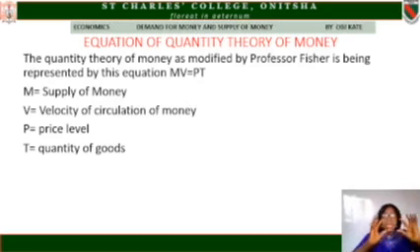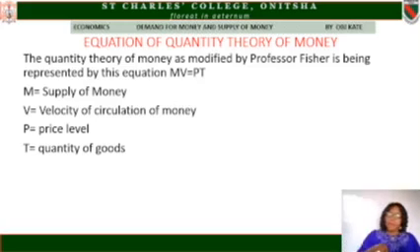So Fisher is saying that the supply of money and the velocity of circulation of money is equal to the price level and the quantity of goods. That is the equation of the quantity theory of money.